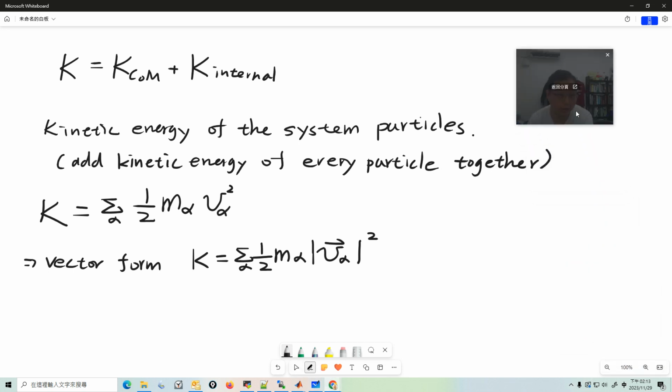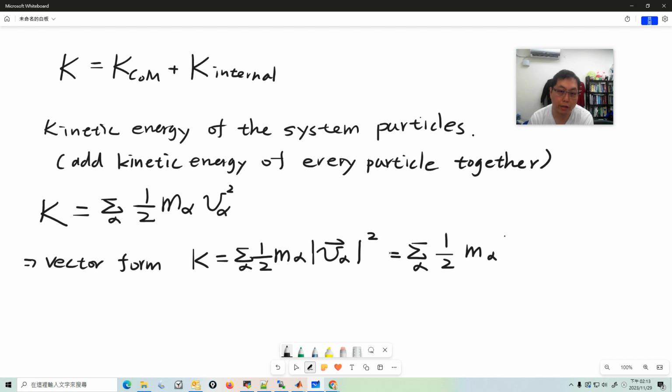Let's just modify this a little bit. The square means the vector doing a dot product with itself.